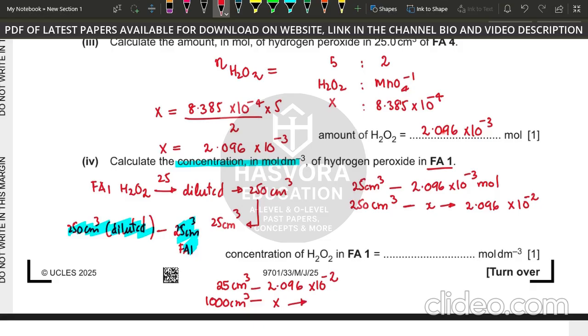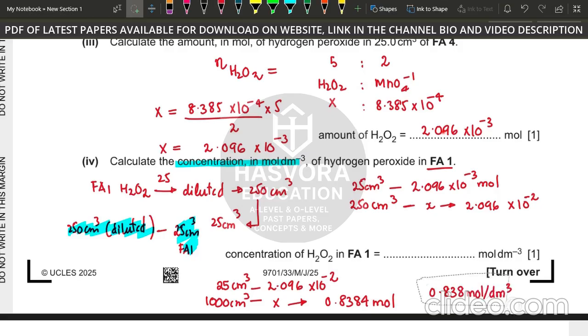It will be 2.096 × 10^-2 × 1000 divided by 25, which is 0.8384 moles. Now you can simply write it as a concentration. 1000 cm³ means 1 dm³, so it is 0.838 mol per dm³.